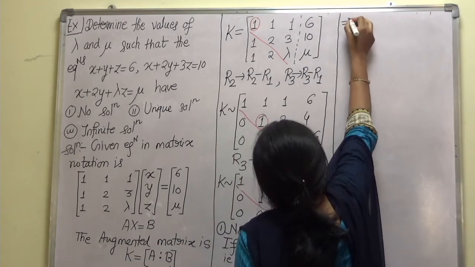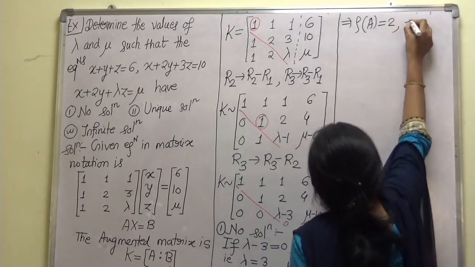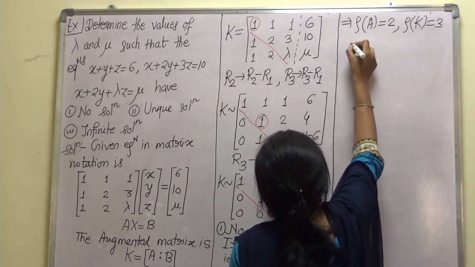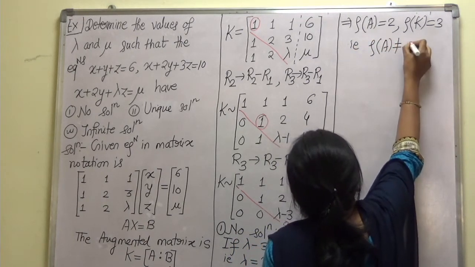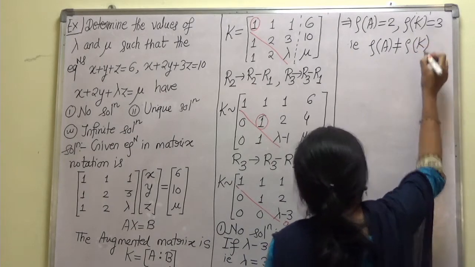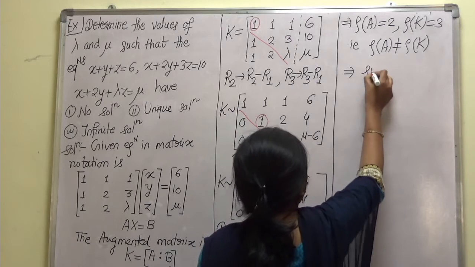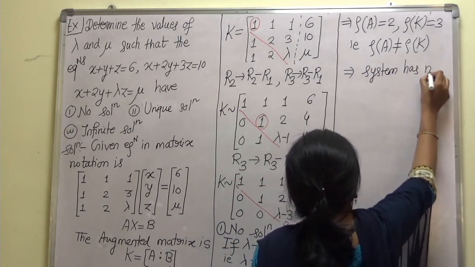So this implies rank of A is equal to 2 and rank of K is equal to 3. So rank of A is not equal to rank of K. So this implies the system has no solution, inconsistent.